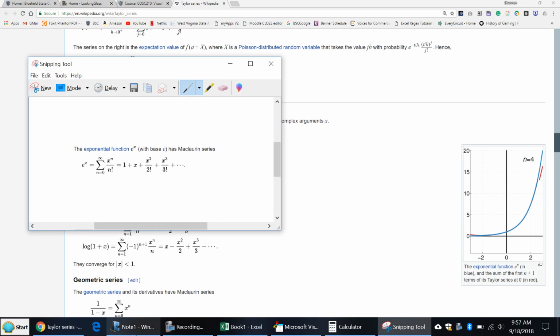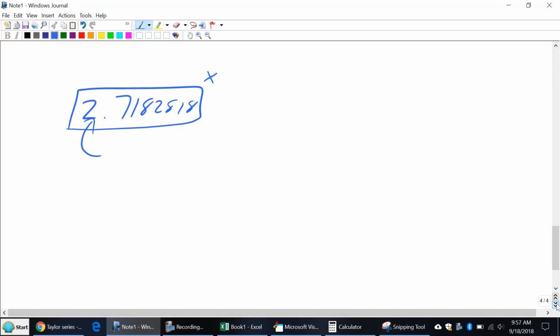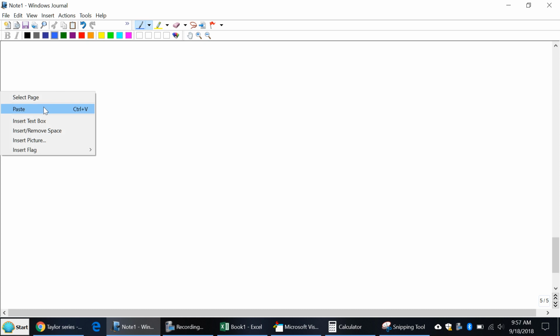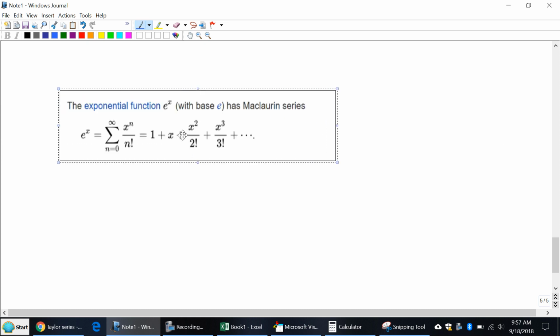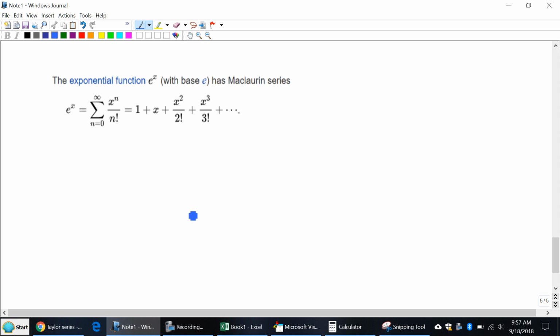Years ago, somebody really smart figured out that if you need e to the x, you can plug into this formula.